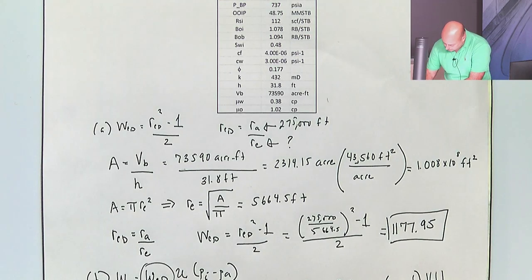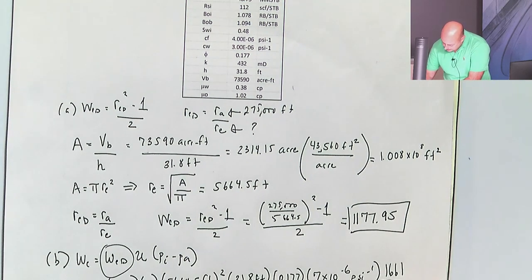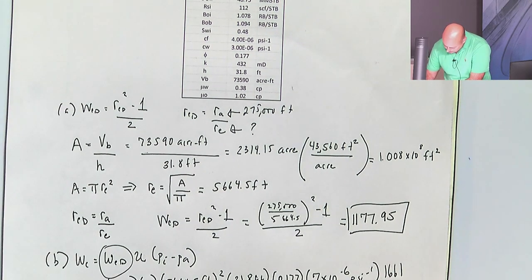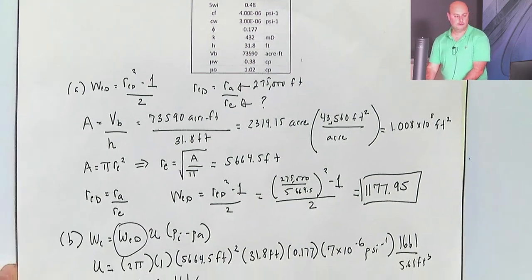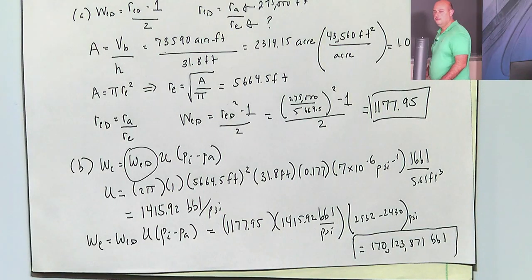And the pressure drop is 2532 minus 2430 PSI. And I get a really big number, 170,123,871 barrels. Is that a number that some of you got as well? Okay, I'm getting a few nods, so that's good.